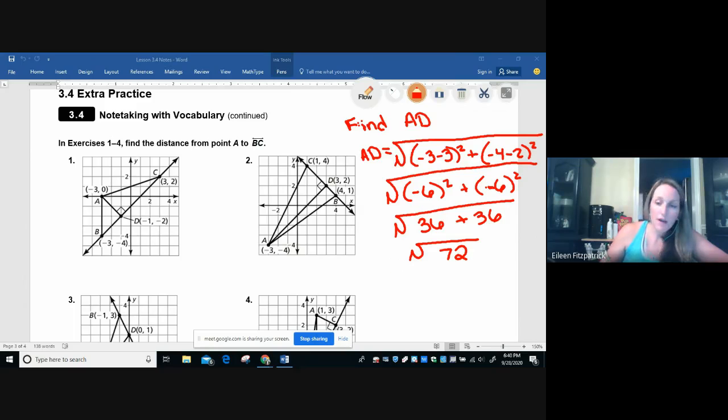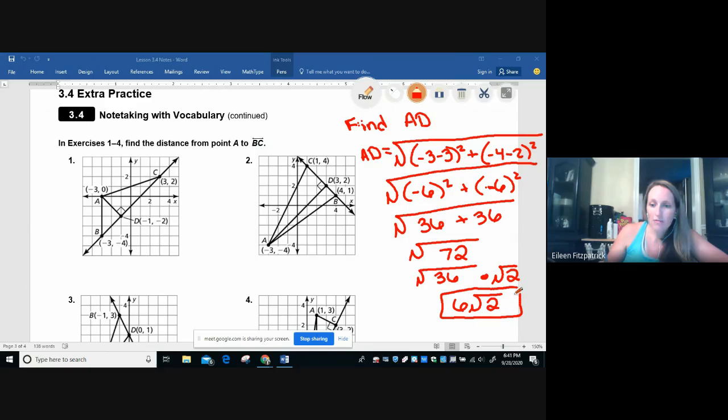If I was simplifying my square roots, I would break that into the square root of 36 times the square root of 2. The reason I break it down that way is because 36 is a perfect square. That's 6 root 2.